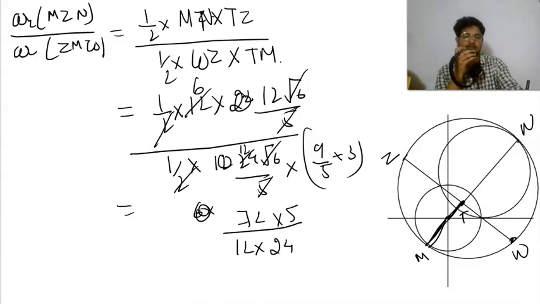Then 12 cancels 72, giving 6, and 6 fours are 24, which is equal to 5 by 4.